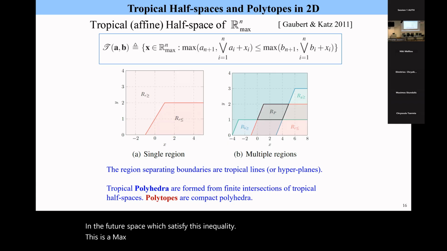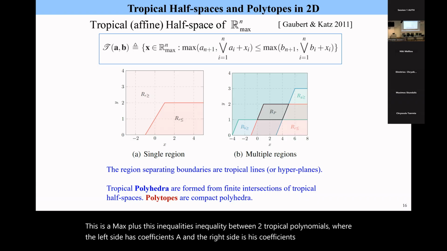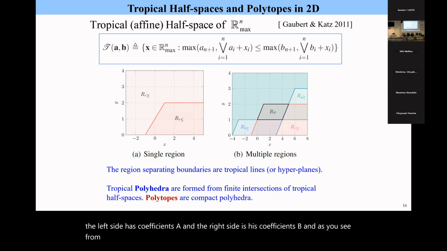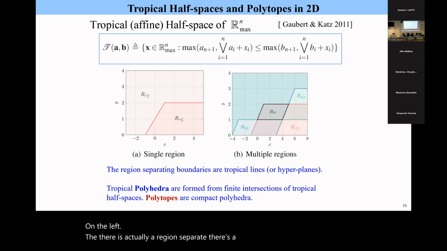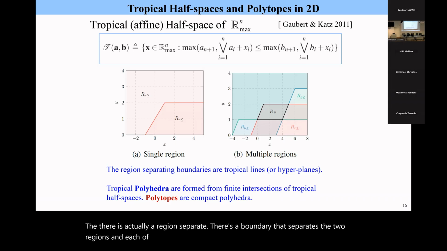This inequality is between two tropical polynomials, where the left side has coefficients A and the right side has coefficients B. And as you see from this one-dimensional example on the left, there is a boundary that separates the two regions, and each one of these regions is a tropical half space, and this separating boundary is actually a tropical polynomial.